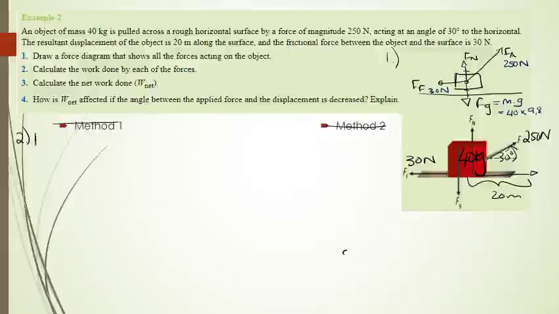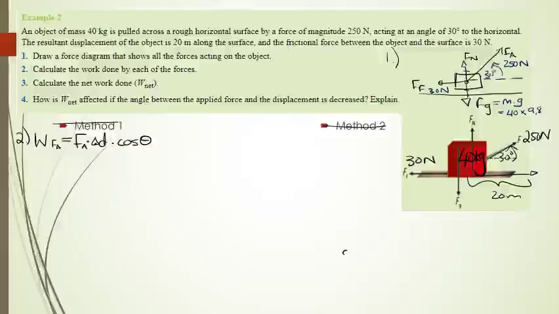So we can calculate the work that is done by the applied force, which is FA times my change in distance times cos theta. Now, for my applied force, what is the angle between the horizontal, which is this line over here, and my applied force? Well, they gave it to me. It was 30 degrees.